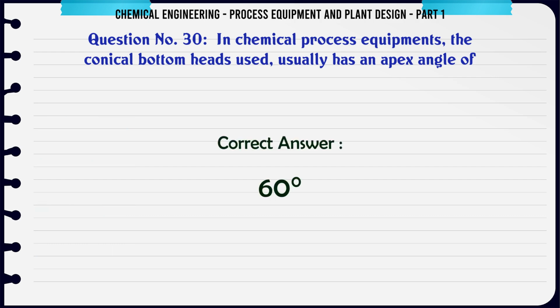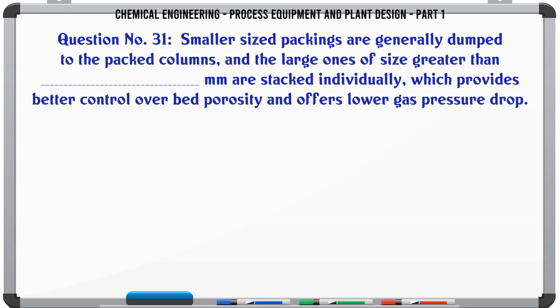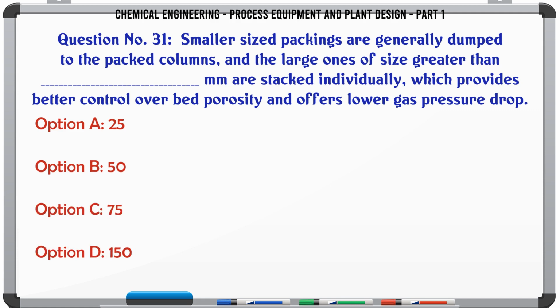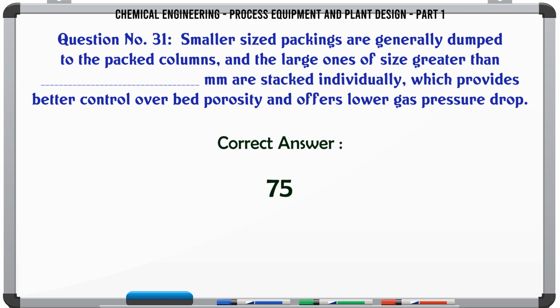The correct answer is 60 degrees. Smaller sized packings are generally dumped to the packed columns, and the large ones of size greater than blank are stacked individually, which provides better control over bed porosity and offers lower gas pressure drop. A. 25, B. 50, C. 75, D. 150. The correct answer is 75.